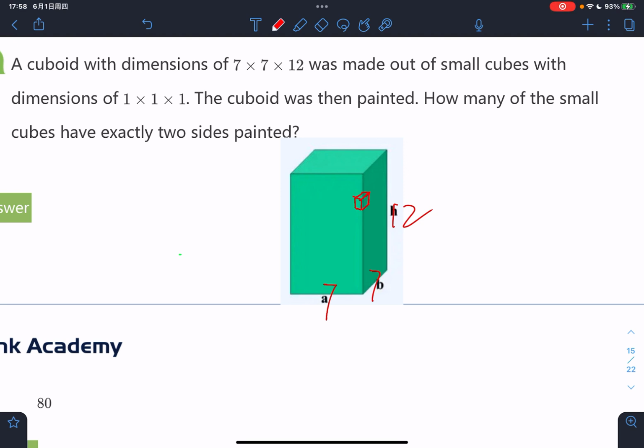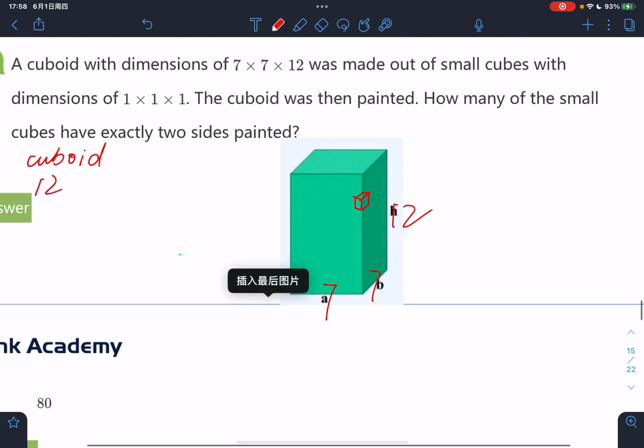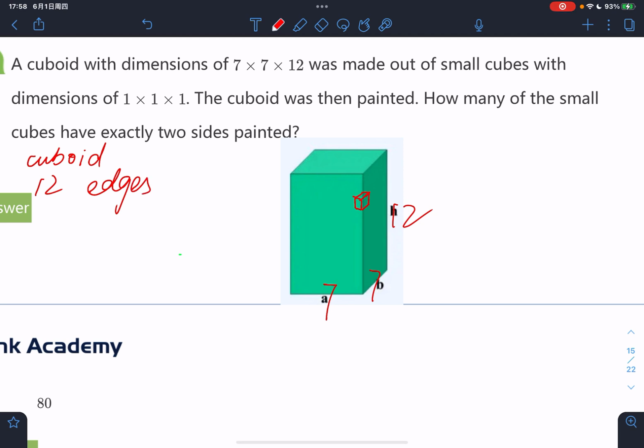The next step is to calculate the total number of small cubes with exactly two faces painted based on the number of cubes along each edge. The cuboid has 12 edges in total, right?